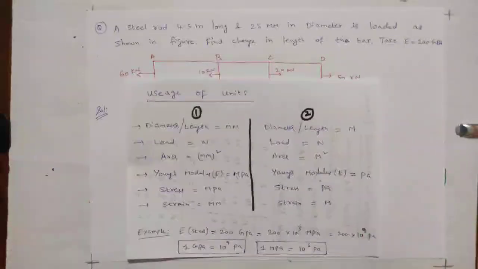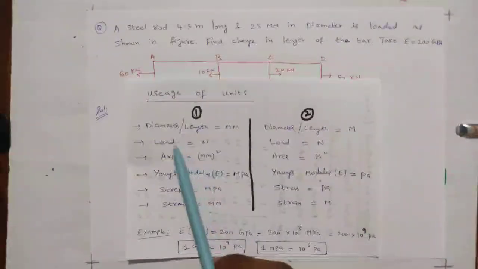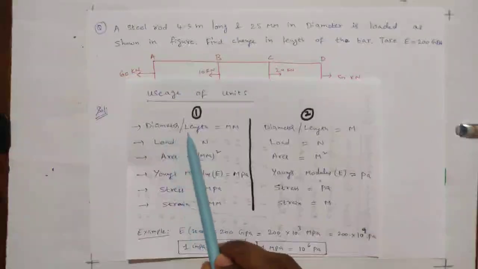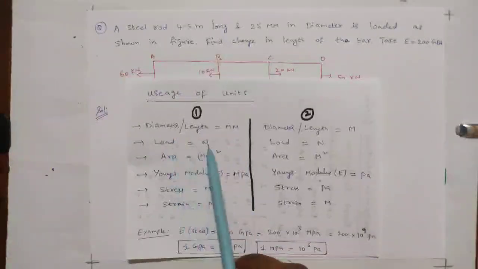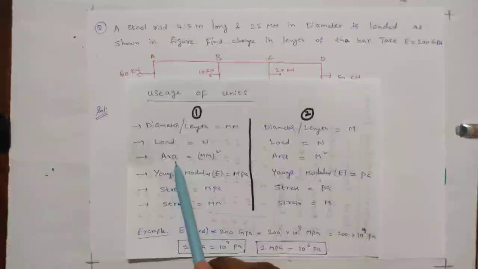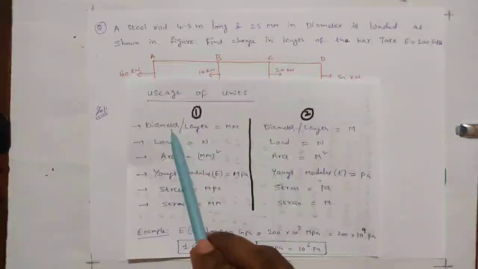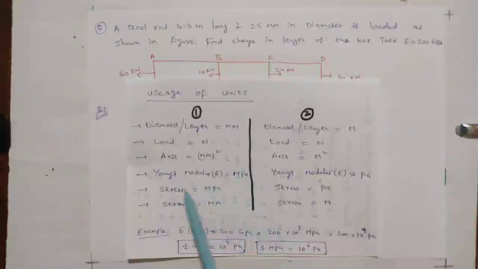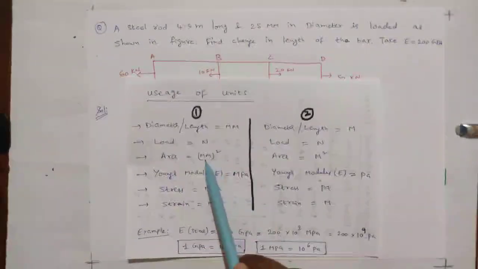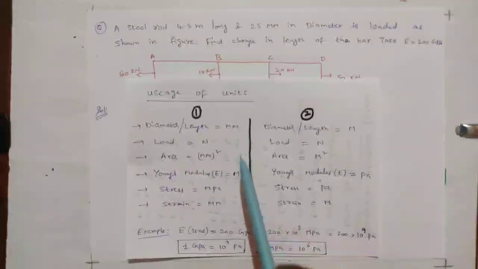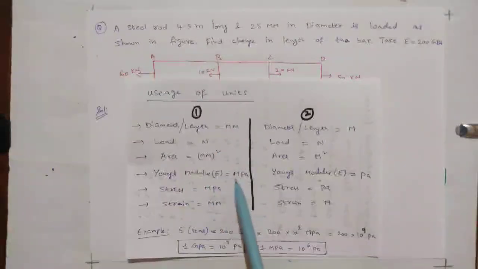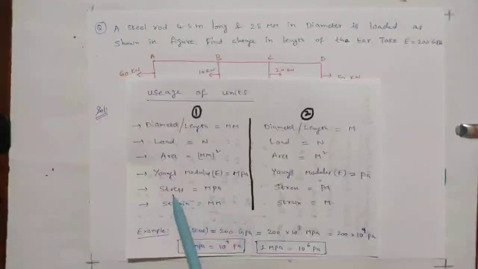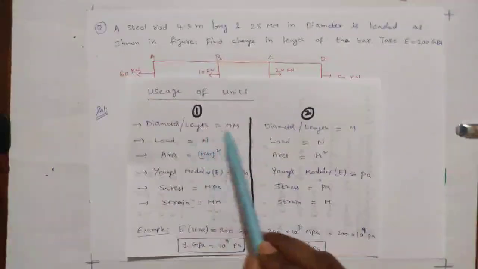If we have taken diameter or length in mm and the load in newtons, then we will get area in mm square, because diameter is in mm. Young's modulus E we will get in megapascal, and stress value in megapascal and strain in mm, because we are taking diameter in mm.